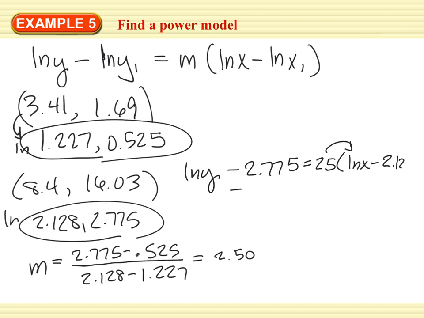So I have log y equals, minus 2.775 equals 2.5 log x minus 2.5 times 2.128, which is 5.32.